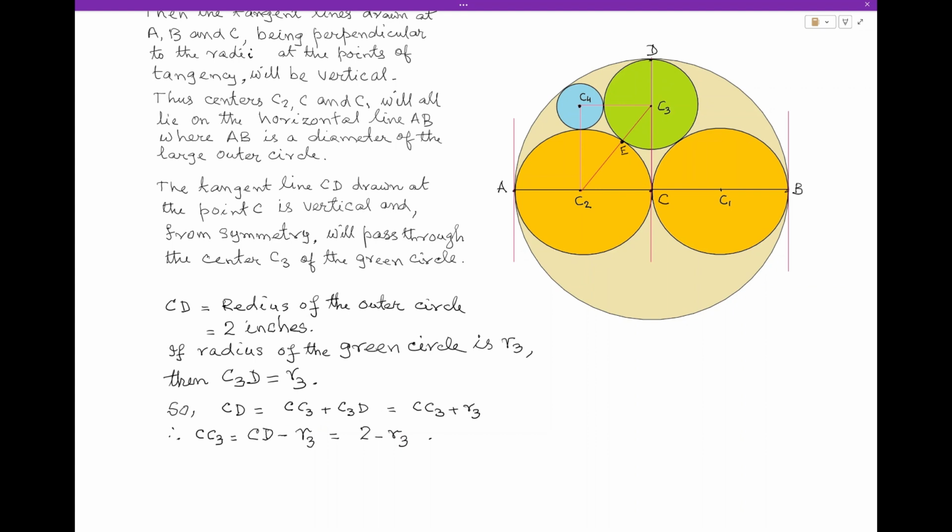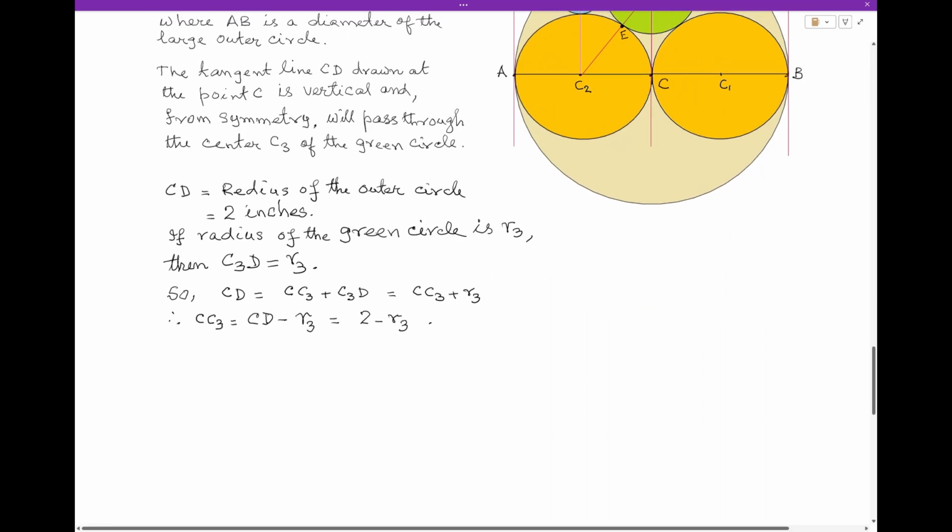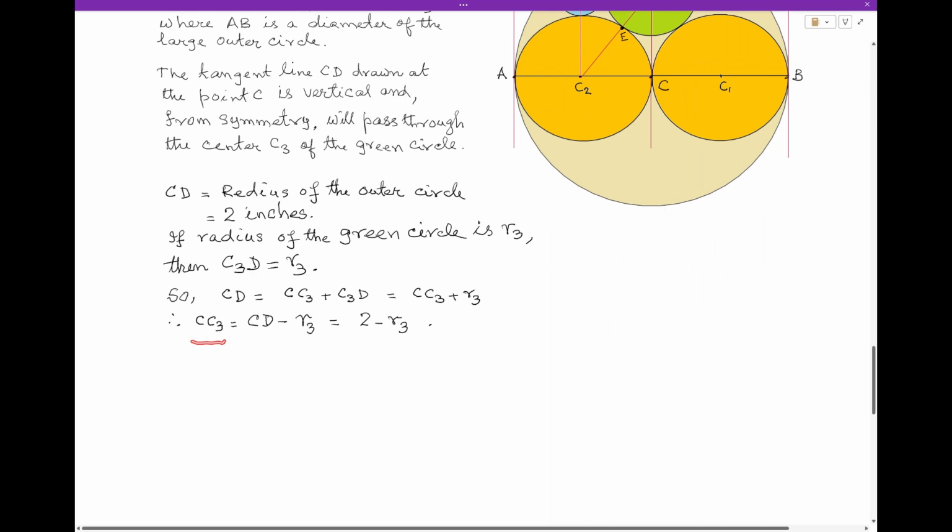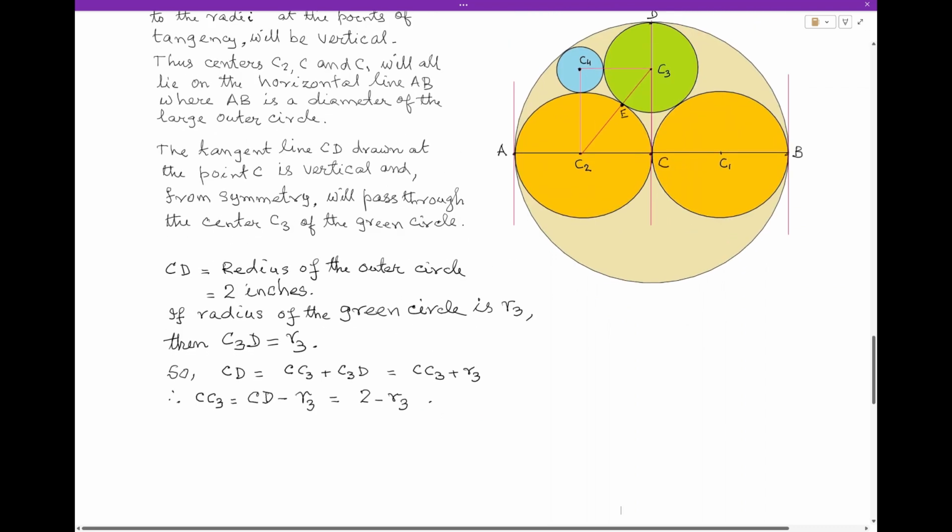Therefore, CD is equal to CC3 plus R3. We have just now found out that C3D is R3. Or CC3 is equal to CD minus R3. That is 2 minus R3.